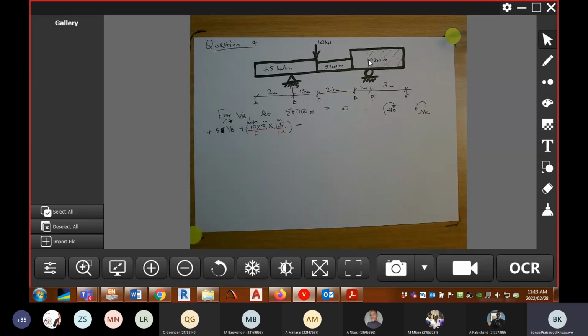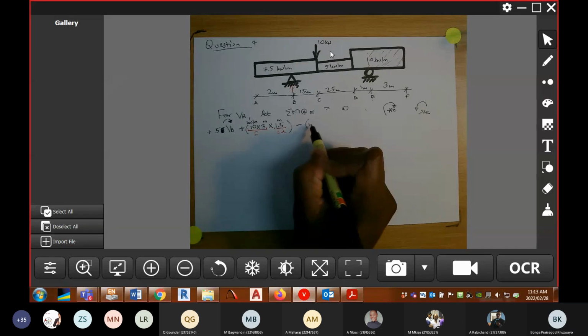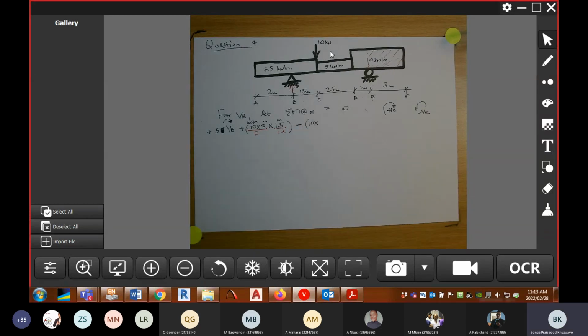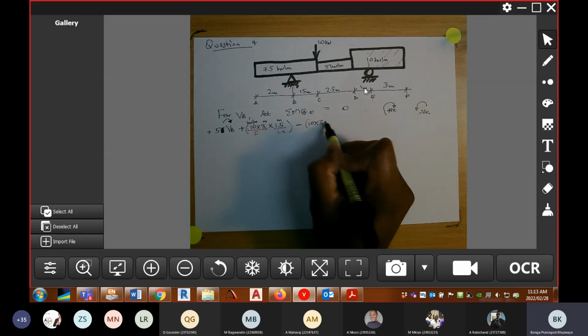So the first one, let me start off with the point load. We've got a point load of 10 kilonewton. The lever arm for the point load is 2,5 plus 1. So for the point load, we've got 3,5.